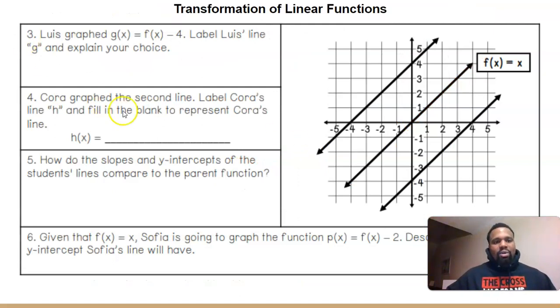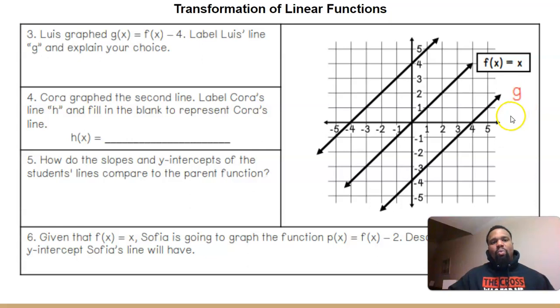All right. So Louise graphs g of x equals f of x plus negative 4. Let's look at this graph on the right. So we minus a number, all right, vertical movement, that means it's going to move down 4 units. So this is the parent function. We move 4 units down. This will be our g of x.